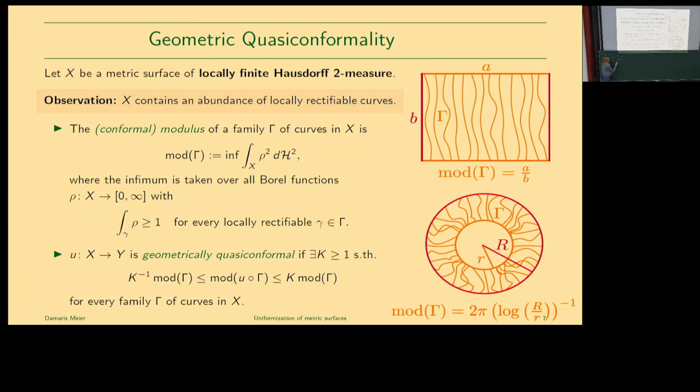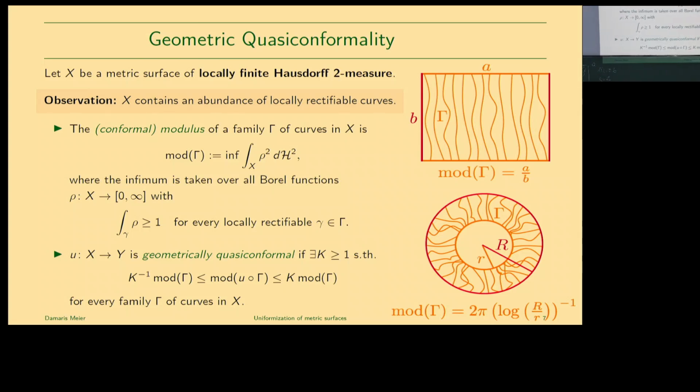And well, what is the modulus of the curve family Gamma is then less than integrating this over this quadrilateral, let's call that Q.